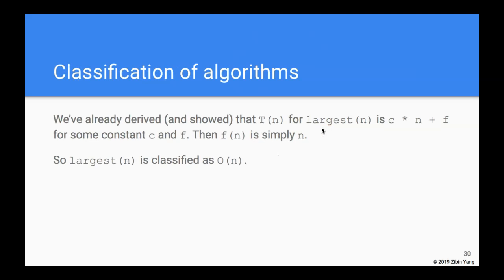So we've already deduced on paper, and shown, that the time for the largest function is a constant times n plus another constant. So f(n) in this case is really just n, as we already saw, right? The constants are not important, so it's really just n. So the largest function is classified as big O of n. It's a linear function.